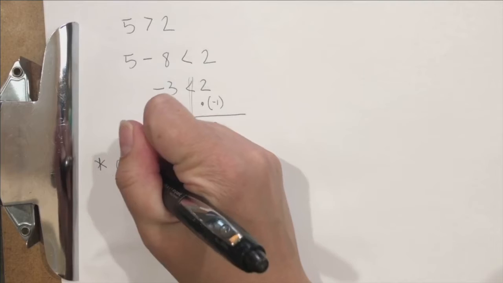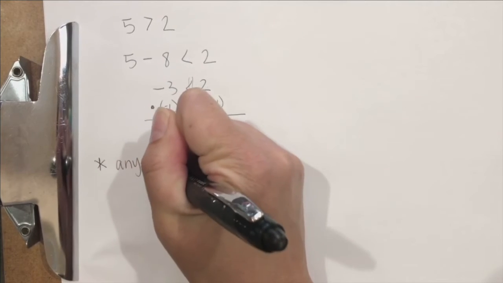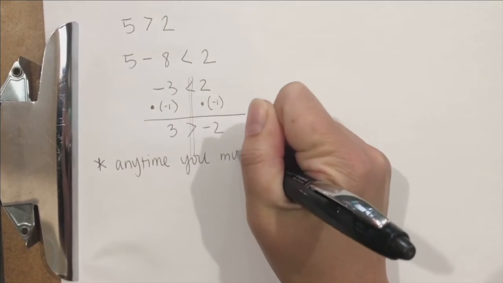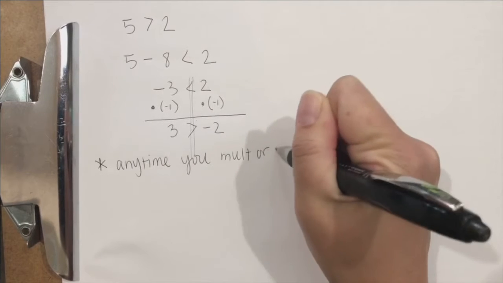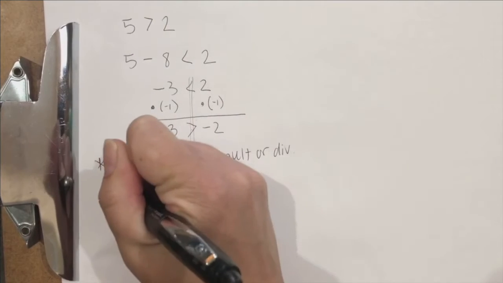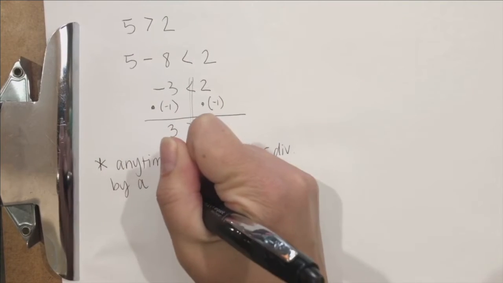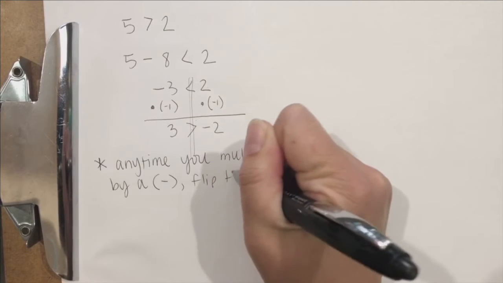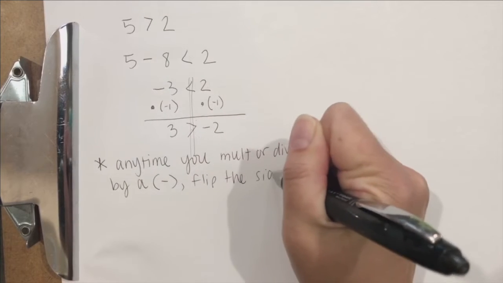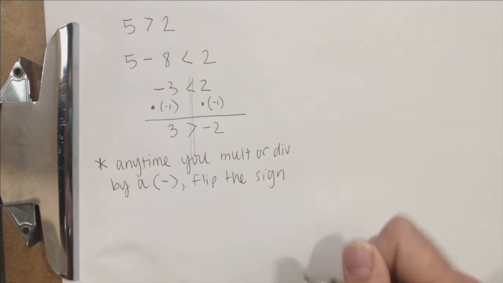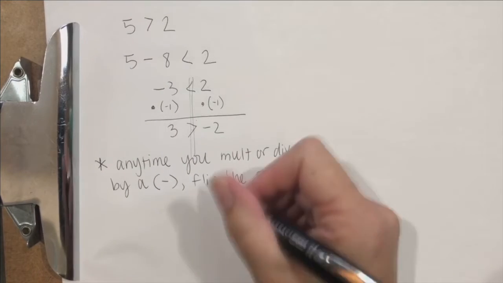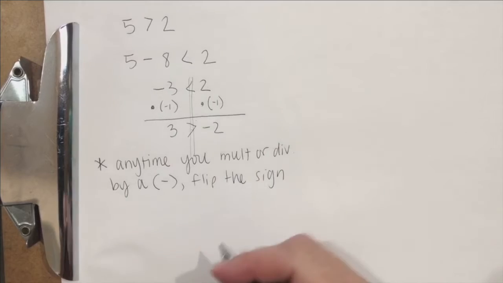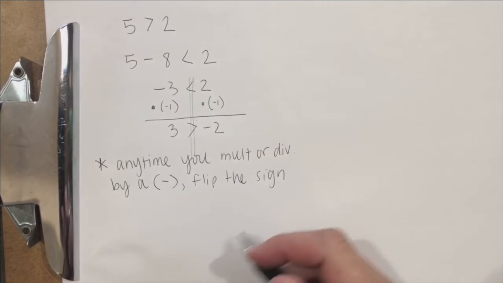So anytime you multiply or divide by a negative, flip the sign. Specifically the inequality sign, but we're just going to try and write that in as few words as possible.